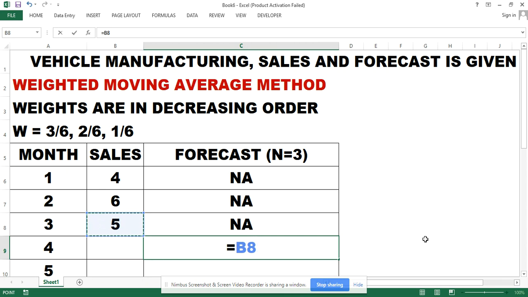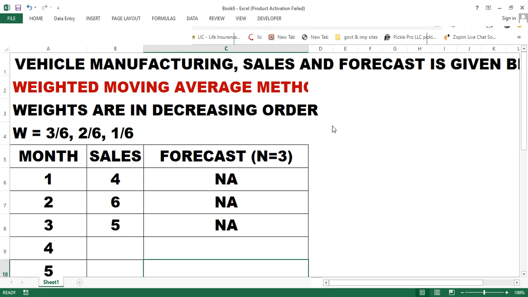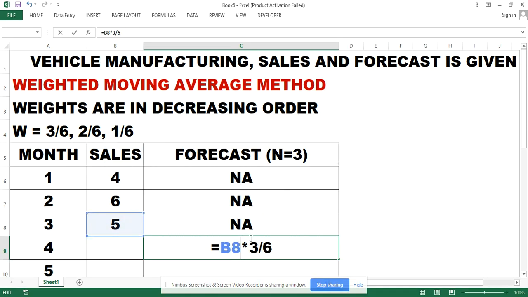into 3 by 6, plus this into 2 by 6, plus this into 1 by 6, right?